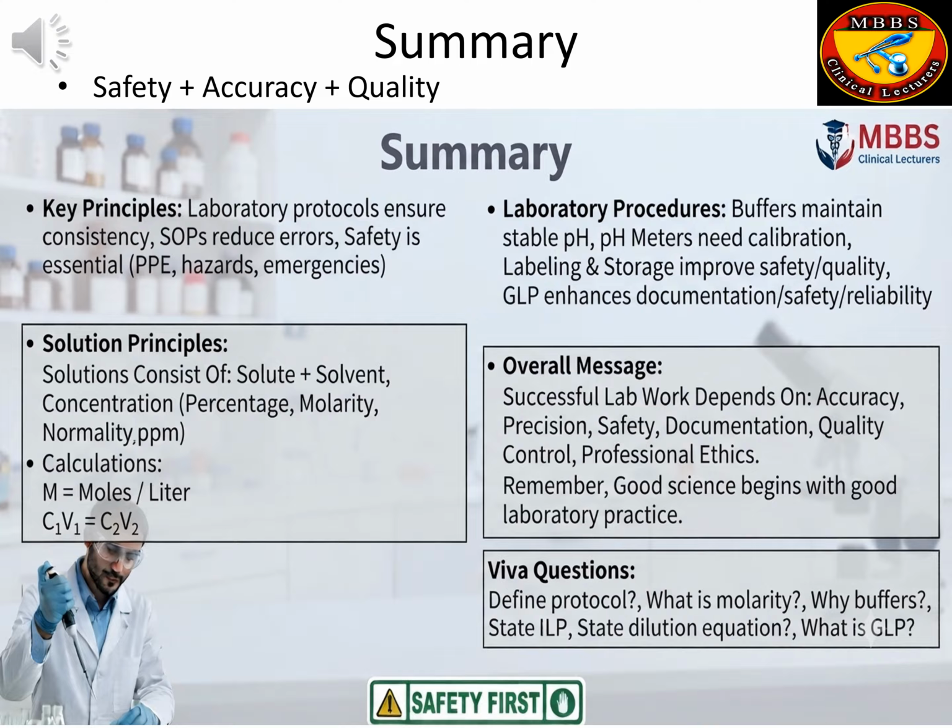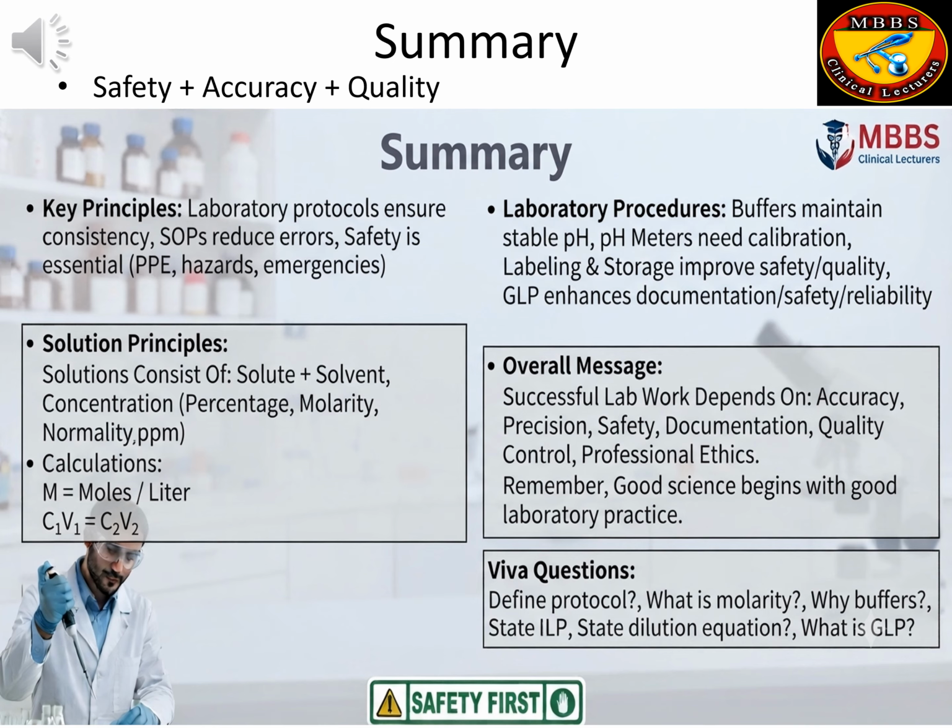Concentration can be expressed as percentage, molarity, normality, ppm. Molarity is calculated using M equals moles/liter. Dilution is calculated using C₁V₁ equals C₂V₂. Buffers maintain stable pH. pH meters provide accurate pH measurements after proper calibration.